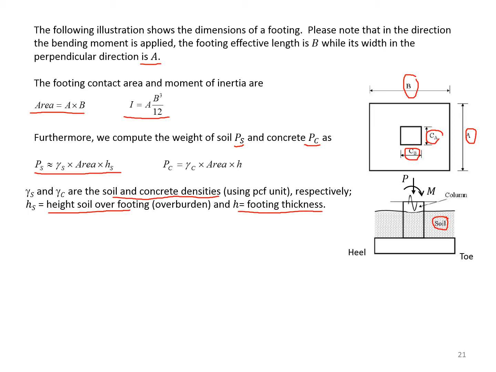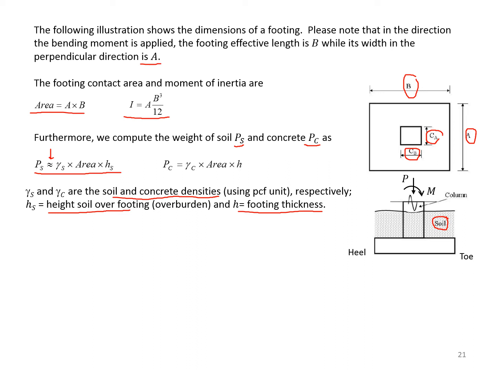A typical value for gamma S is around 90 pounds per cubic foot and gamma C is about 150 pounds per cubic foot. We are using an approximate sign in here because when you look at the detail to the right, there is a portion in here that there is no soil. It's actually concrete. However, approximately we assume everything is made of soil for simplification.